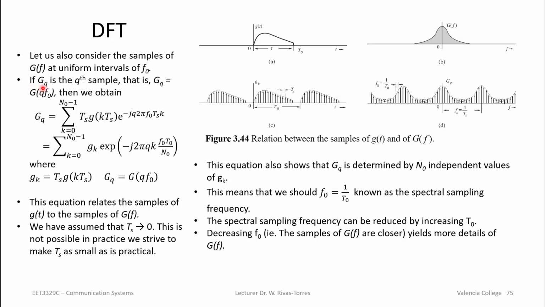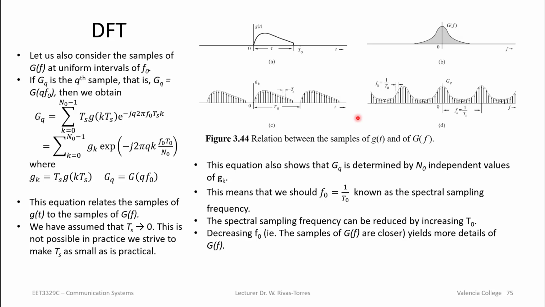So we can actually say that if I have the q-th sample, G of q is going to be q F0, where q is an integer. Okay, so 1, 2, 3, 4, 5 times F0, and then until you get all the samples. Which, by the way, is the same thing we've been doing in the time domain, right? It's just that we don't call it F0; we call it Ts. We just did that.